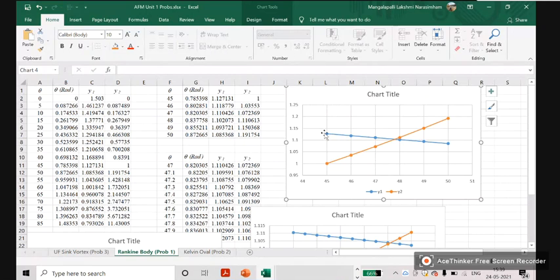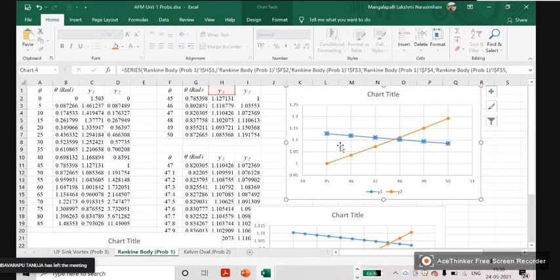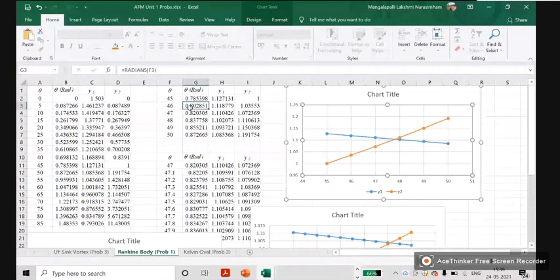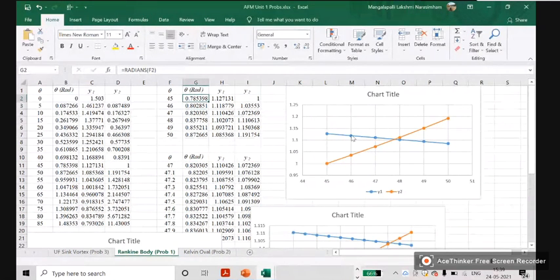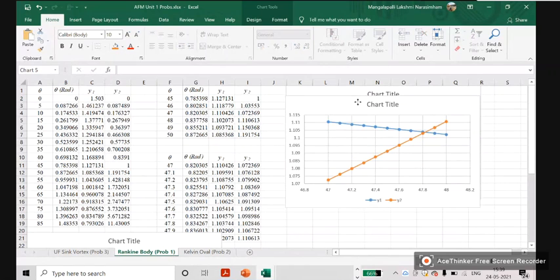So this is the graph. Now here I have further refined by looking at this. It is between 47 and 48. 47 and 48.